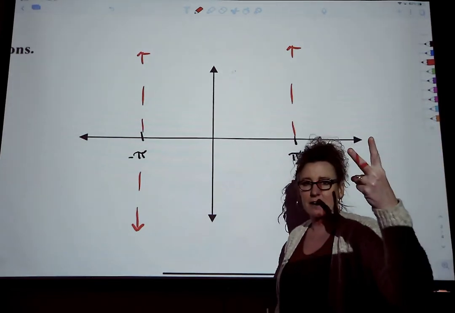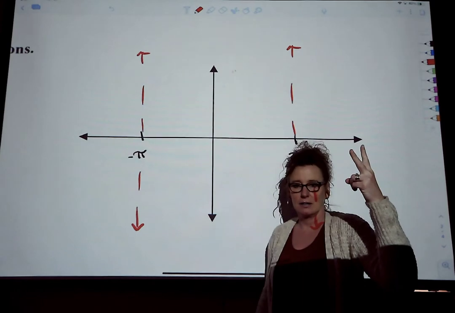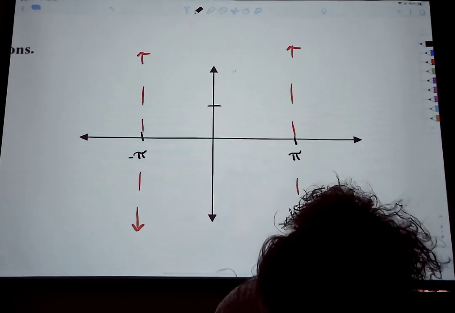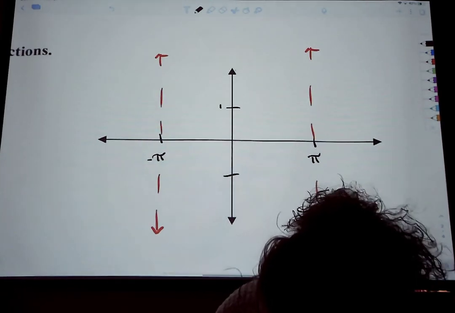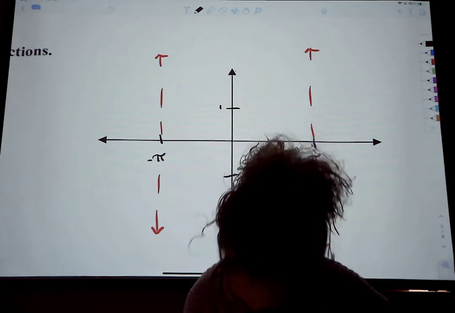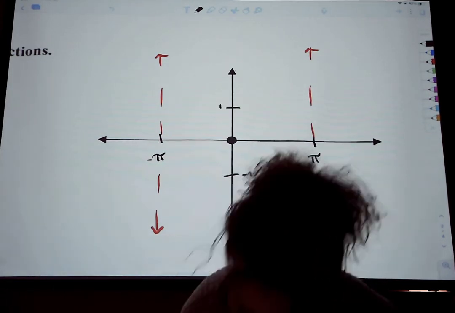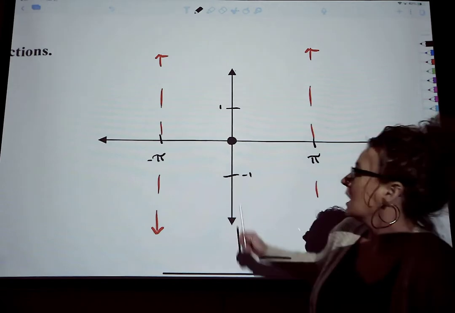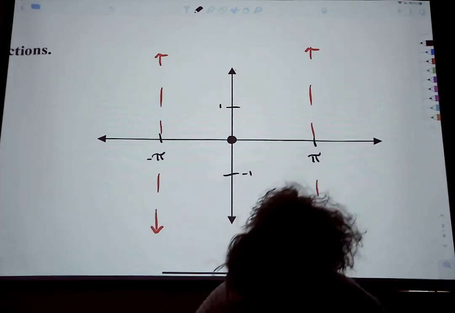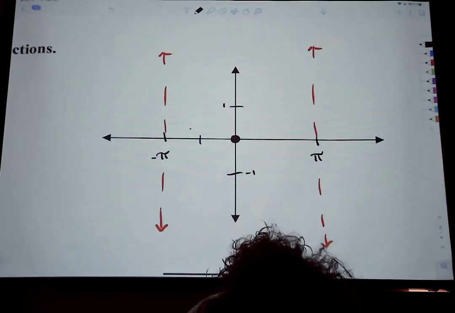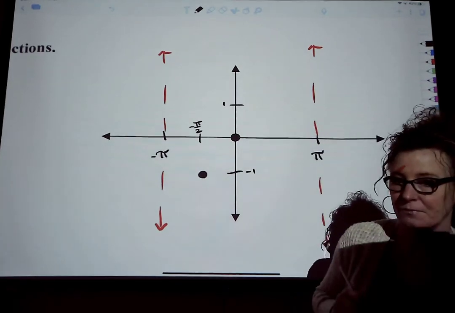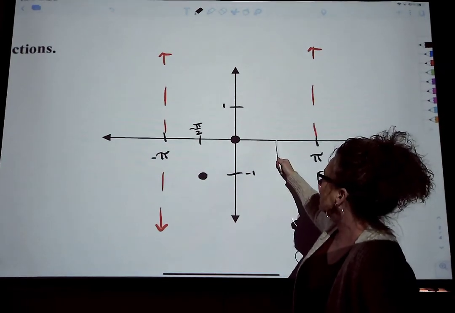That's 2 of our 5 points. Here are our other 3. Amplitude is still 1. So my 3 points that I'm going to plot are going to be at the origin. I need one halfway here, down 1. That's going to be negative pi over 2, down 1, right there. And I need one halfway here, up 1.